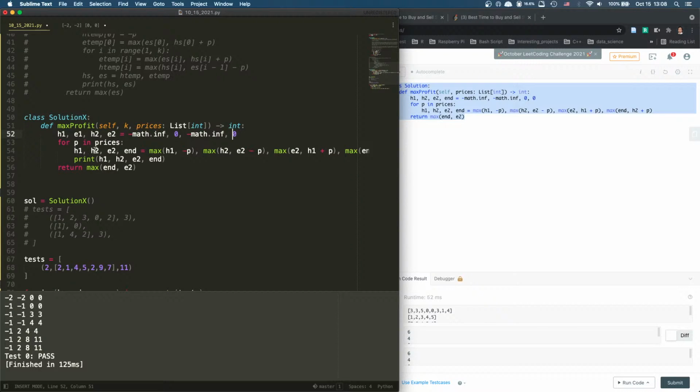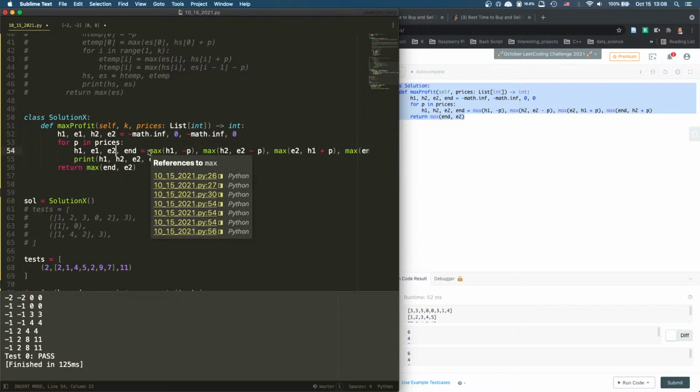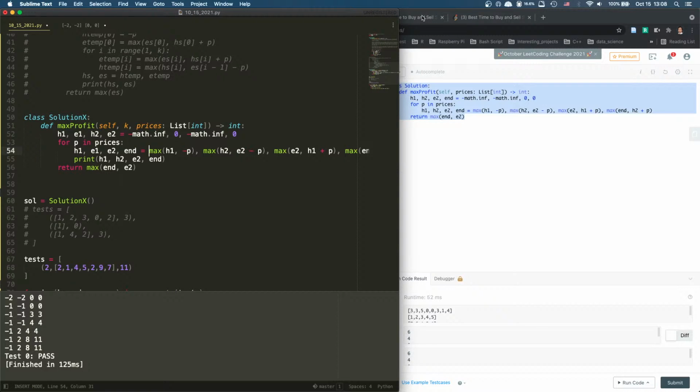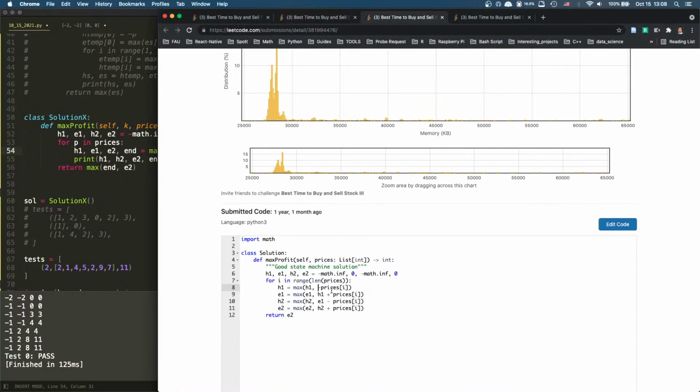So these are all the same. And then H1. So H1 is always going to be minus P, like what we have here. H1 is always going to be max H1 and minus P. I think that is the case.